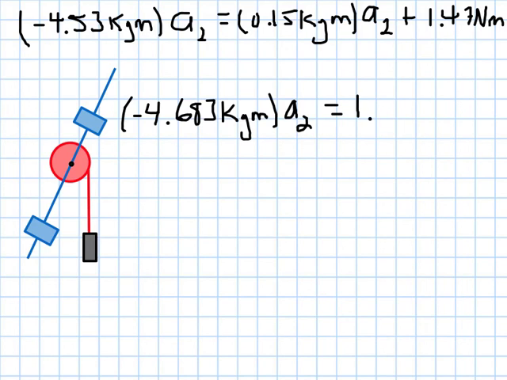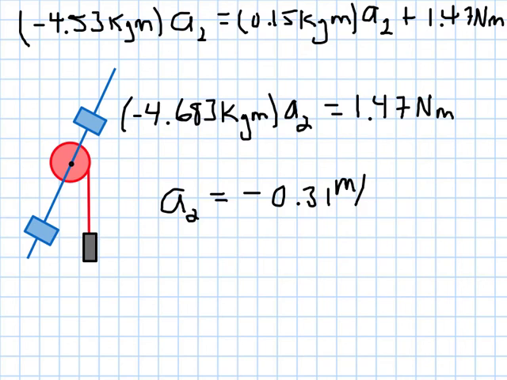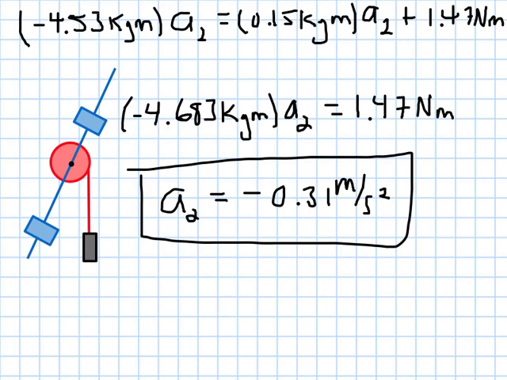All that's equal to 1.47 Newton meters. So now I'm just going to divide both sides by the negative 4.683, and I will have my acceleration. The acceleration is a negative, or downwards, 0.31 meters per second squared. And that's my final answer.